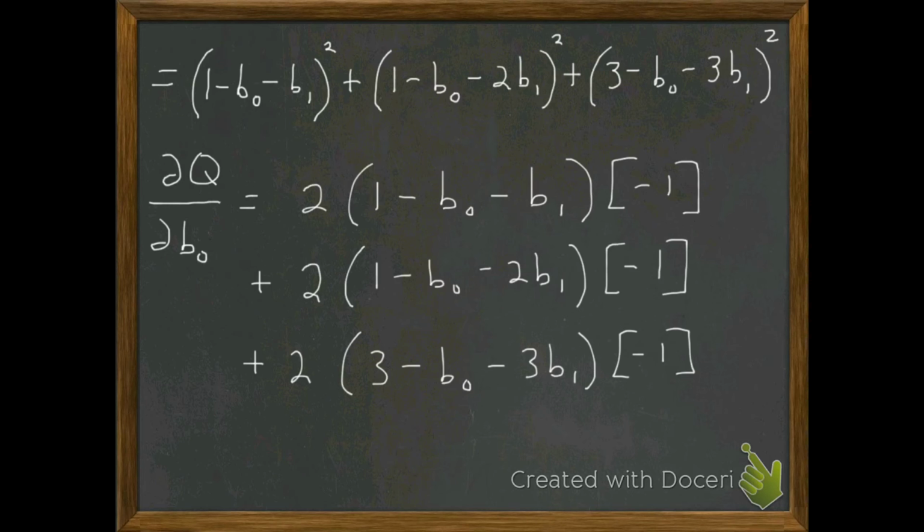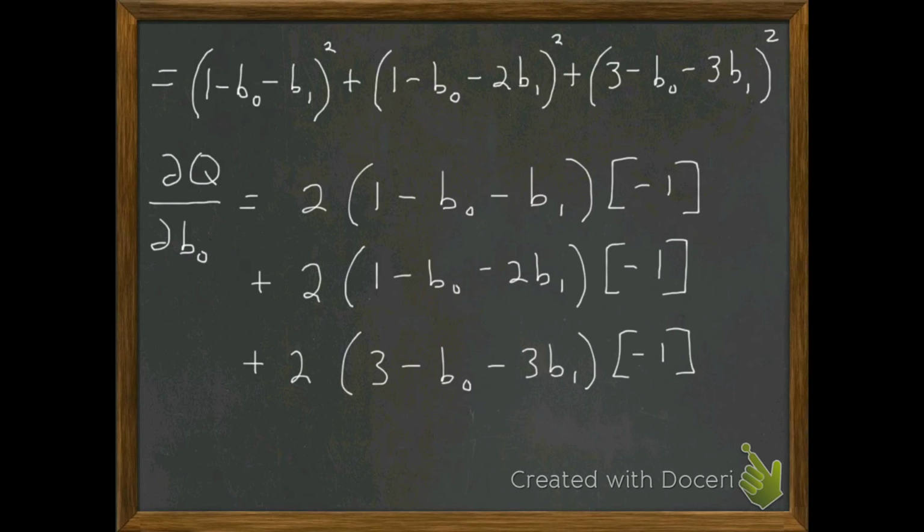Now what I want to do is look at the partial of Q with respect to B1. So let me go back and get an indication of what's going to happen here.